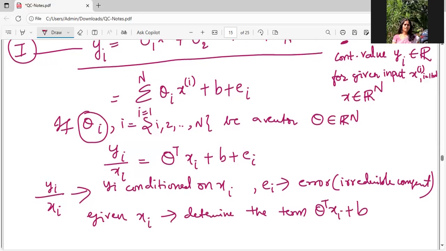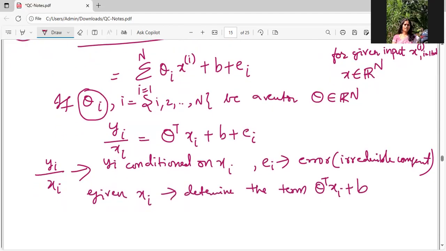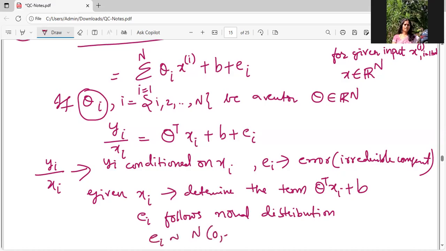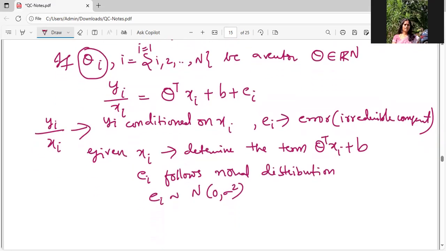Here we are assuming that the error ei follows normal distribution. As all of us know, normal distribution has zero mean and some finite standard deviation sigma. So ei follows normal distribution with 0 and sigma squared. Of course, sometimes we take this to be 1 and so on, depending on the case.